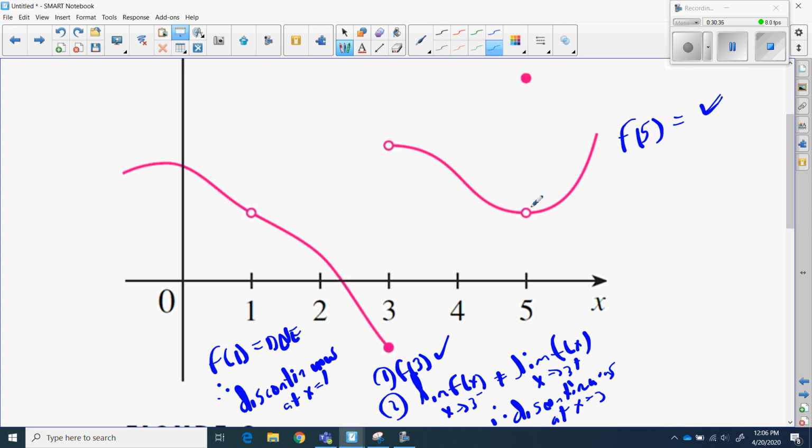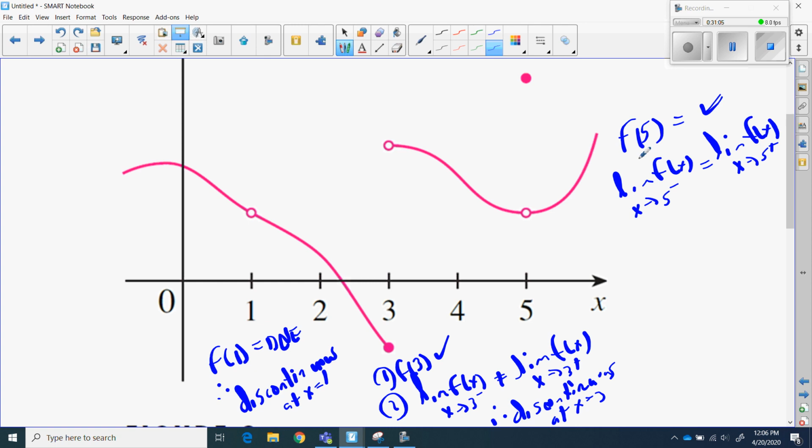Well, what about if I checked from the left and the right side? So if I go to 5 and come from the left, I'm getting close to this number on the y scale. If I come from the right, I'm getting close to the same number. So the limit of this function, as x is getting close to 5 from the left, is the same thing as the limit of this function when you come towards 5 from the right side. However, here's the problem.